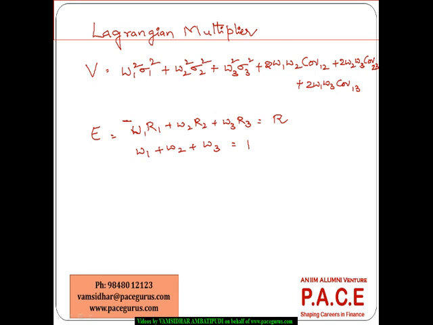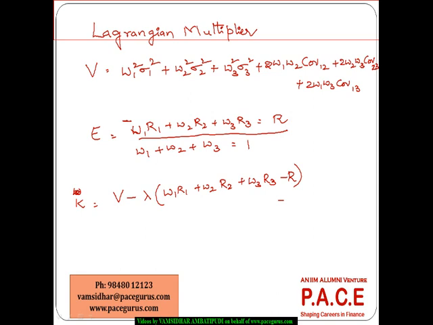Now what we typically do when expressing a Lagrangian is we first take a Lagrangian function, let's say some k. For the Lagrangian function k, all we say is whichever value you have to minimize, minus some lambda times constraint number 1, W1 R1 plus W2 R2 plus W3 R3 minus R. That is your first constraint.